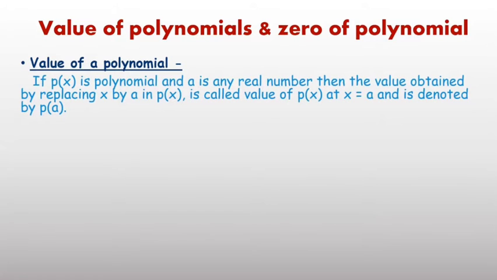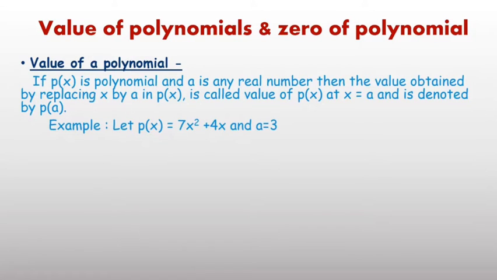Value of polynomial. In class 9th you have covered this part also. If any polynomial p(x) is given and a is any real number, then the value of the polynomial when you replace x by a is known as the value of the polynomial and is denoted by p(a).